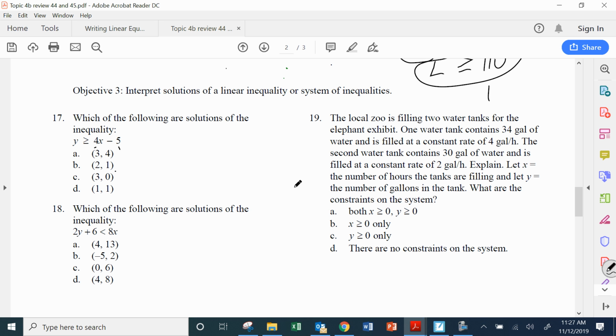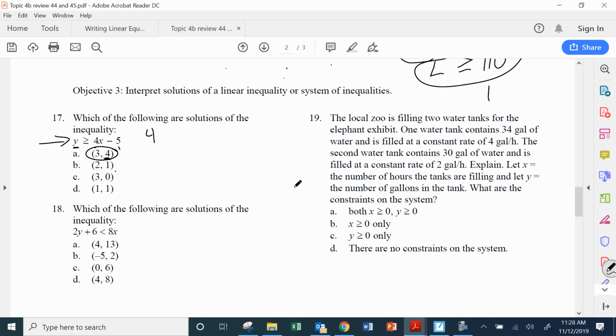I am just going to take this point right here. If that is a solution to this equation, then when I plug those two numbers in, it should make that inequality true. So I'm going to plug 4 in for y. This 4 right here, I plugged in for the y right there.